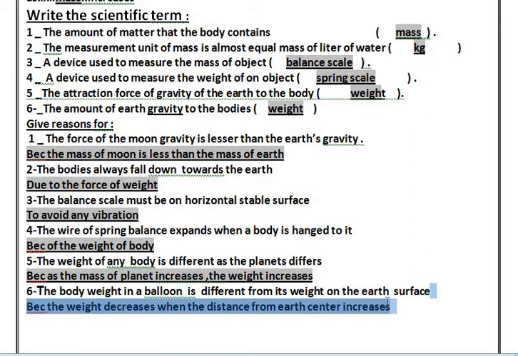This is because what? Because the weight decreases when the distance from the earth's center increases. يعني كل ما نبعد عن سطح الأرض كل ما الويت بيقل، وكل ما بنقرب من سطح الأرض الويت بيزيد.